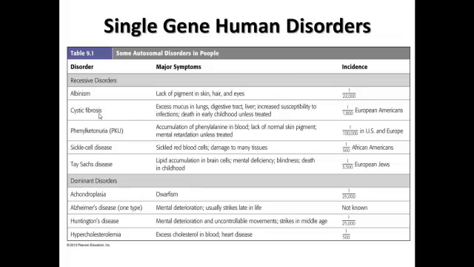leads to an accumulation of phenylalanine in the blood, lack of normal skin pigment, and mental retardation unless the diet has been changed. It's diet specific, but if an individual continues to eat particular items that their body can't handle, basically their body can't break it down, so they get an accumulation of phenylalanine, which inhibits brain function or can cause delay in proper development of mental capabilities.